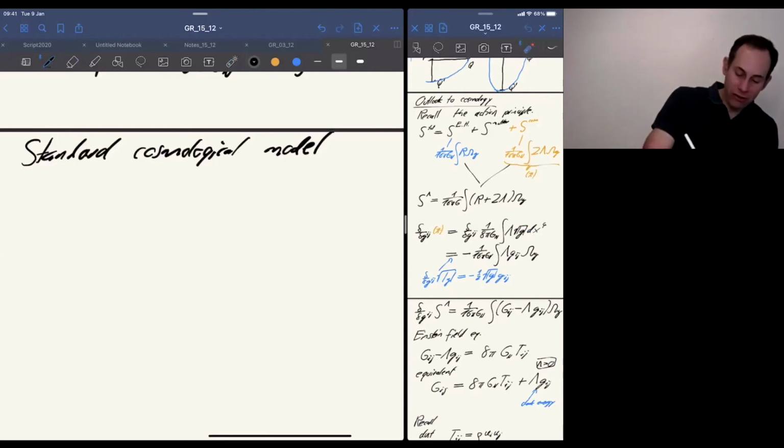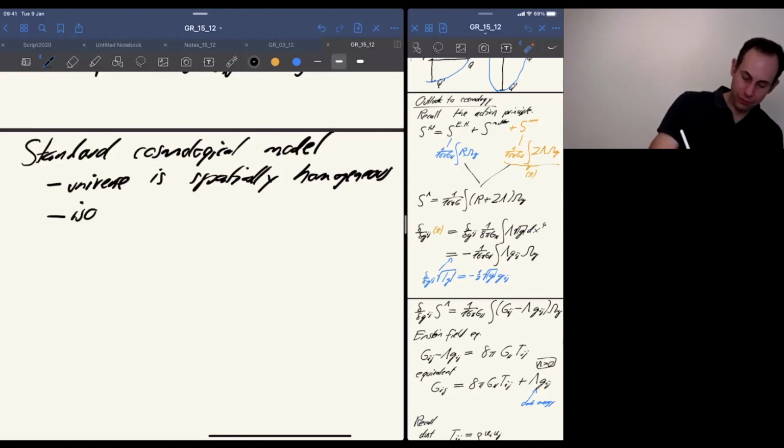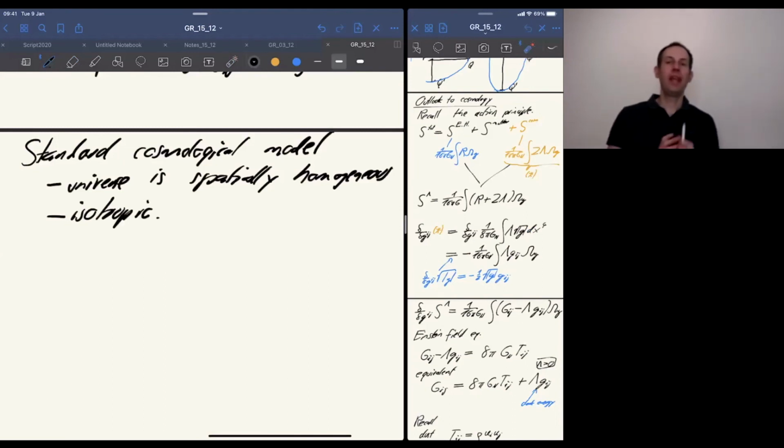The approximation that cosmologists make is to say that the universe is spatially homogeneous and isotropic. So what does that mean? They take the same approach that we do when we do thermodynamics with a gas.